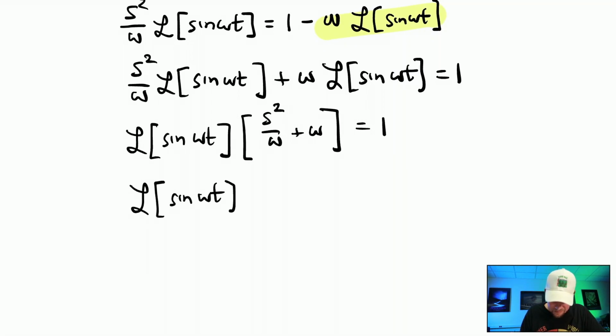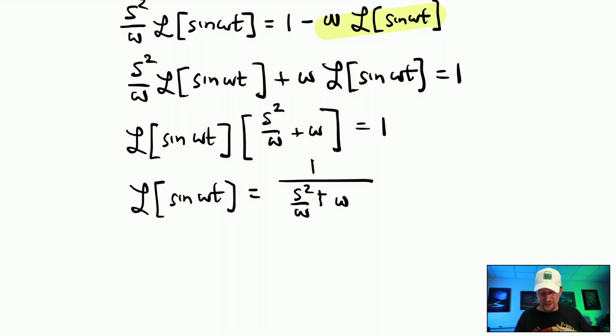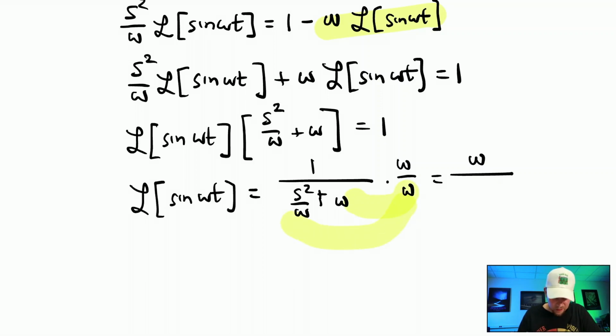The Laplace transform of sine omega t is 1 divided by s squared over omega plus omega, like this. Now, I don't like fractions within fractions particularly, so one of the things that I can do to simplify is multiply numerator and denominator by omega. In the numerator, I end up with omega. But here, I actually have to distribute this omega to both of these terms.